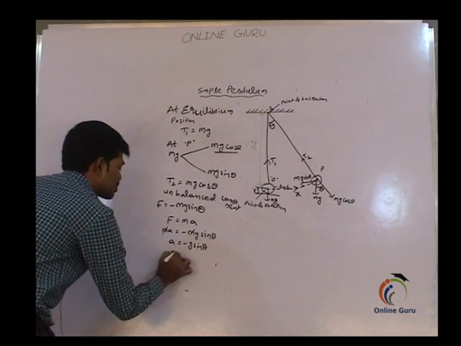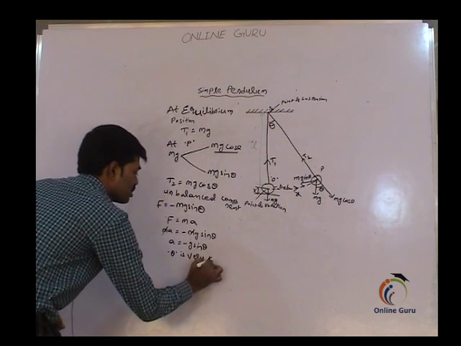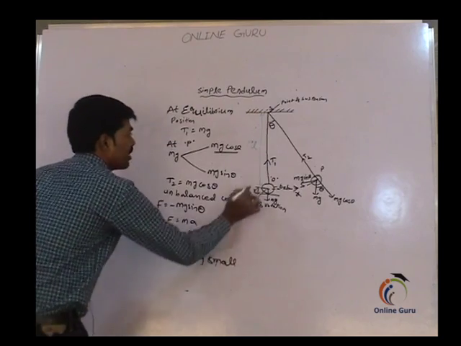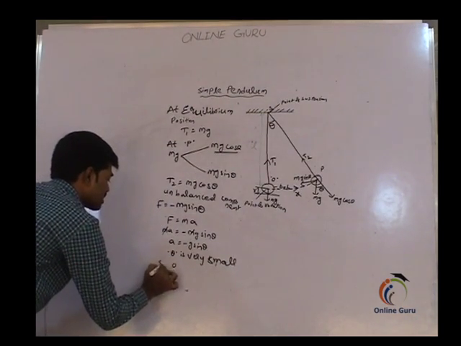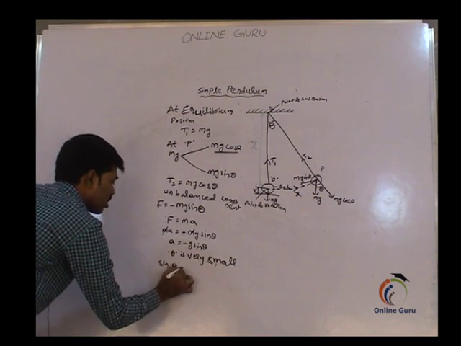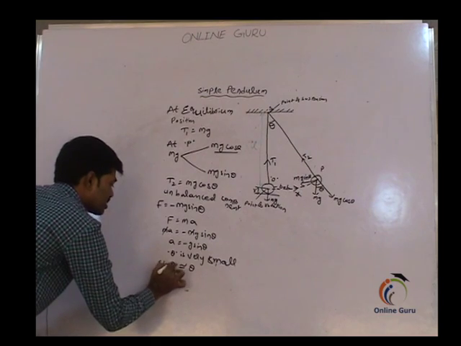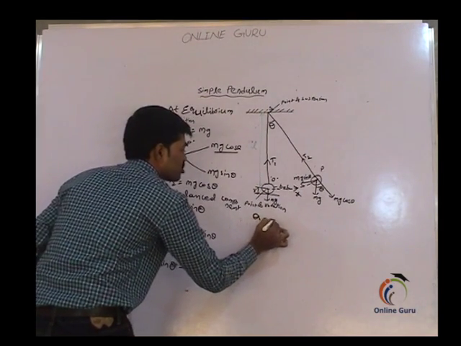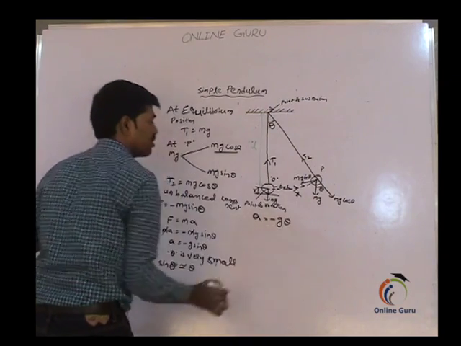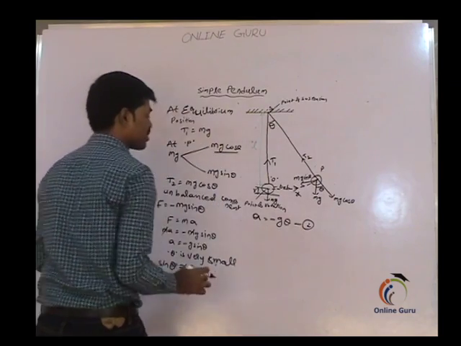If theta is very small, a very small angular displacement, then we can take sin theta approximately equal to theta, and a is equal to minus g theta. This is the second equation.